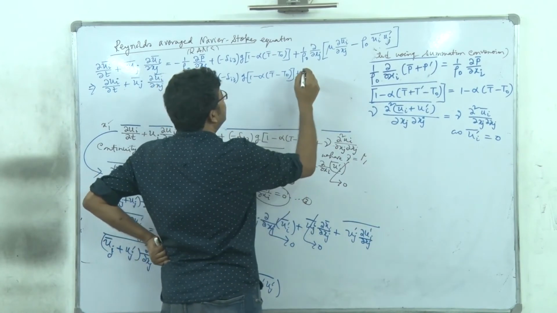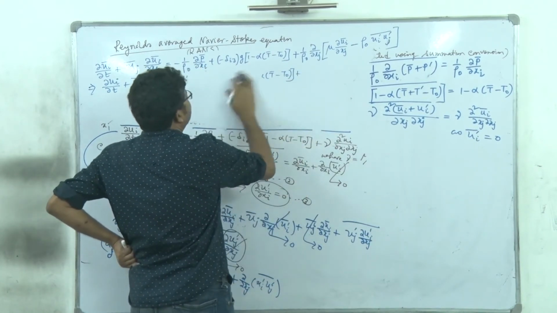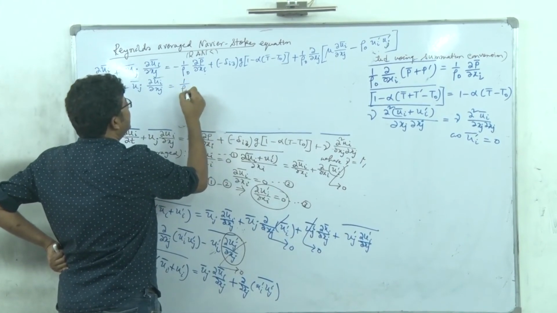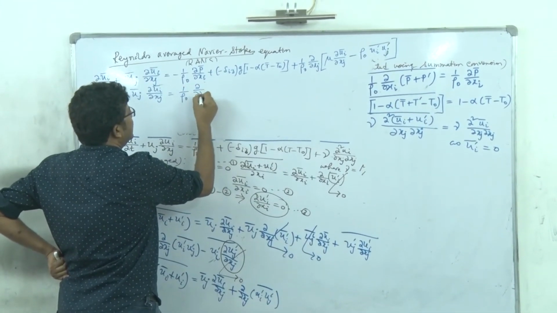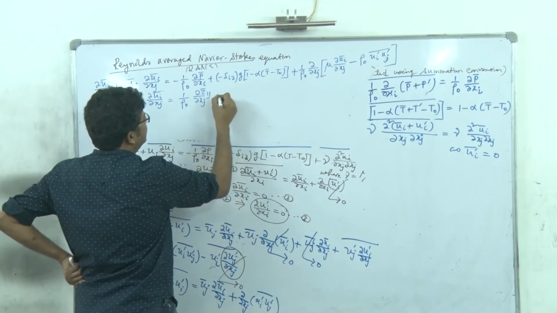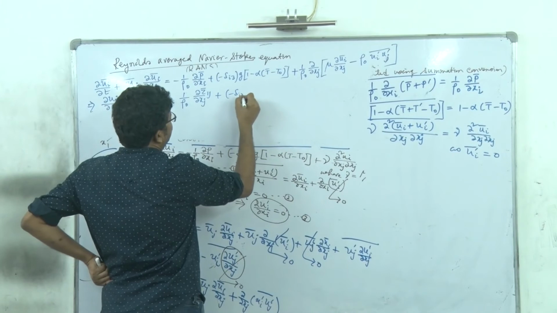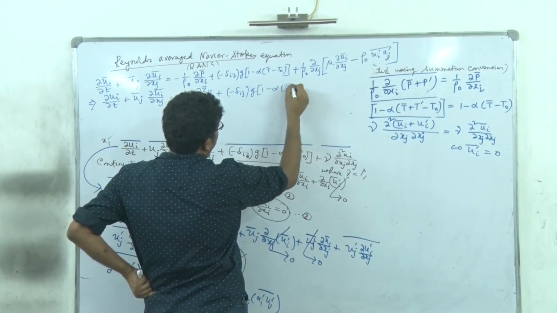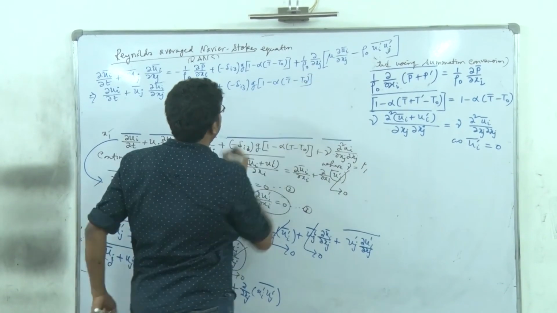Plus we will drop this term as well. Sorry, we will drop this term. We will write 1 by rho del xj of tau bar ij, the stress, plus the body force term delta I3 into g 1 minus alpha (t bar minus t naught).